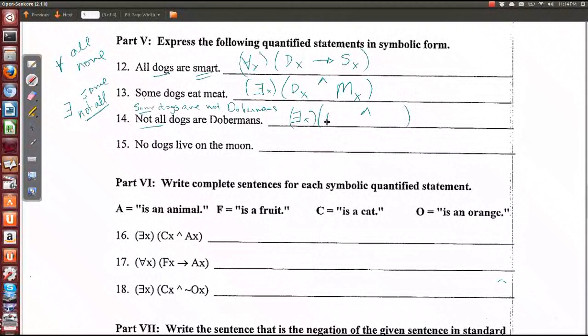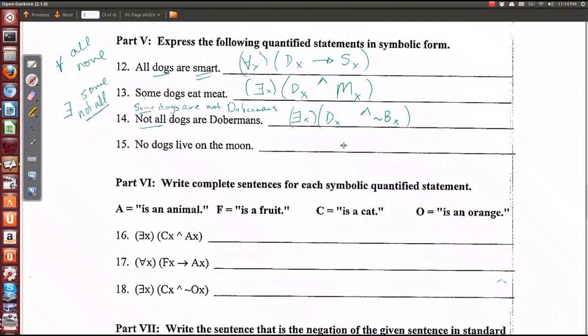I'm saying that they are dogs. X is a dog. X is not a Doberman, so I need to use negation and some letter for Doberman. Let's use a capital B for Doberman. The actual choice of the capital letter for the predicate doesn't matter.